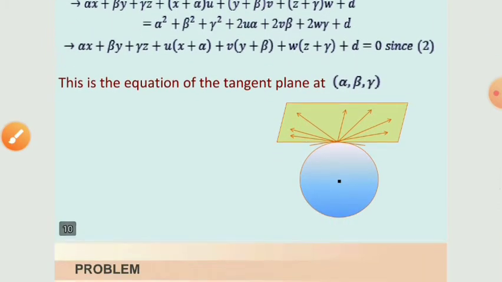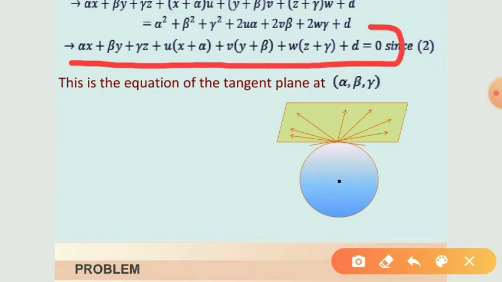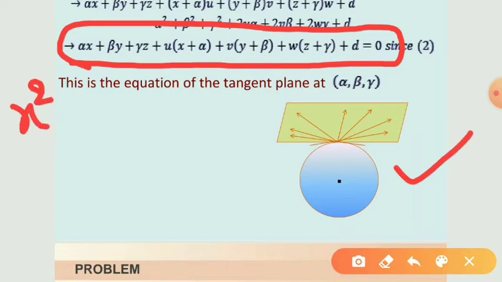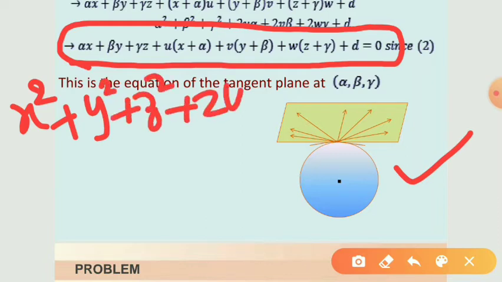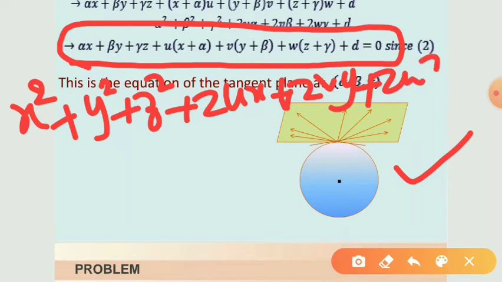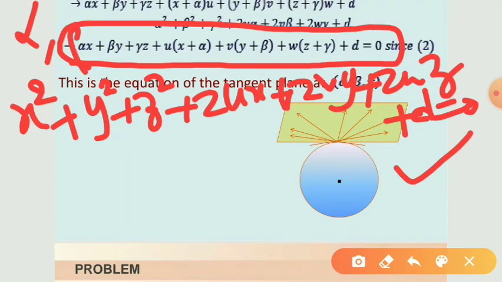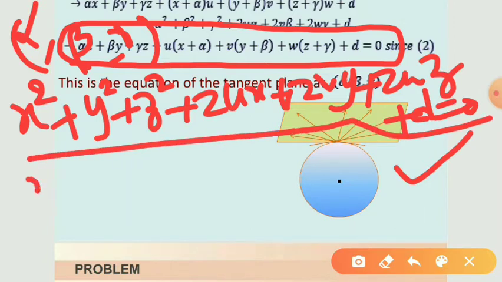So from this we can easily understand. If x square plus y square plus z square plus 2ux plus 2vy plus 2wz plus d is equal to 0 is the equation of the sphere, and (alpha, beta, gamma) is the point, then the tangent plane can be written like this: x square can be written as x into x, with one x replaced by alpha, so x alpha plus y beta plus z gamma.